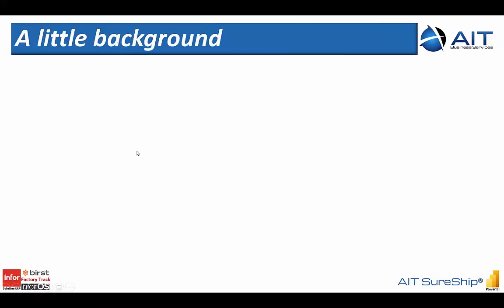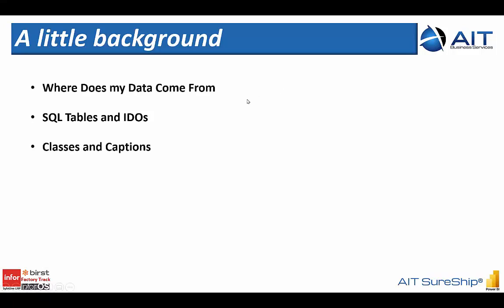We're going to go in and get into that. So a little background before we do. This presentation is going to be sort of technical, but: data, where is it in SyteLine?